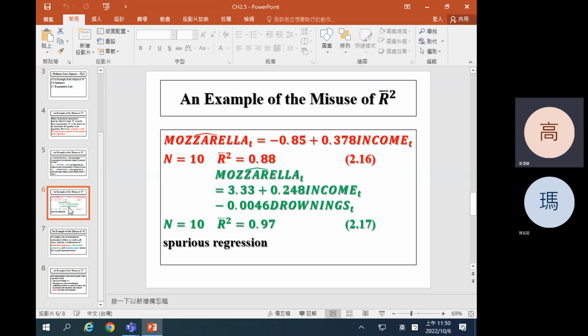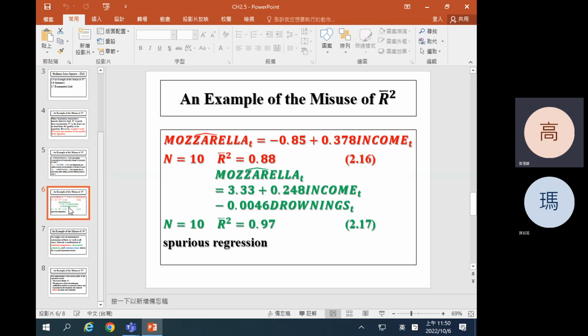So far we didn't really say anything about the theory. Since we're not talking about some particular study, we don't really have economic theories to tell you what X variables and Y variables to use.